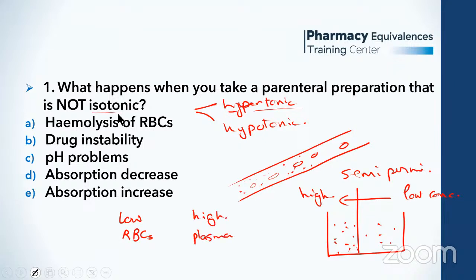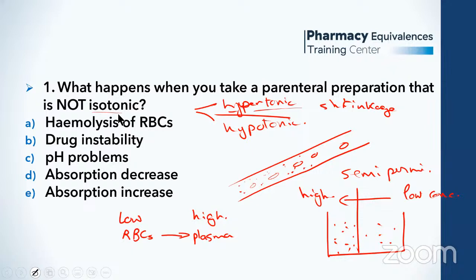So the flow from low to high, from RBCs to the plasma, will lead to shrinkage of the RBCs. So if the hypertonic solution is injected, shrinkage of the RBCs will happen.